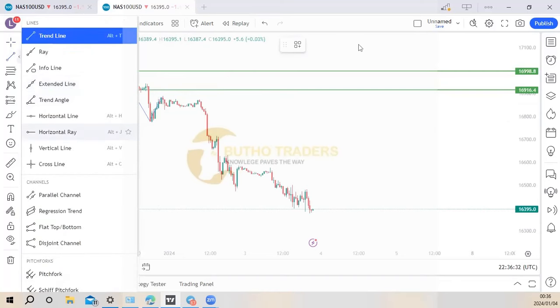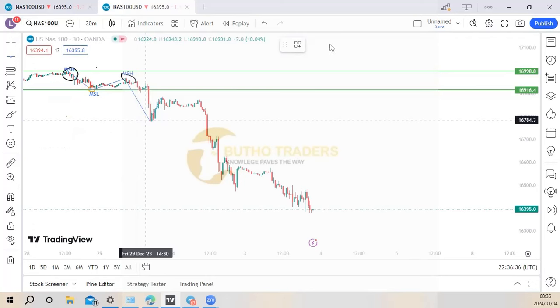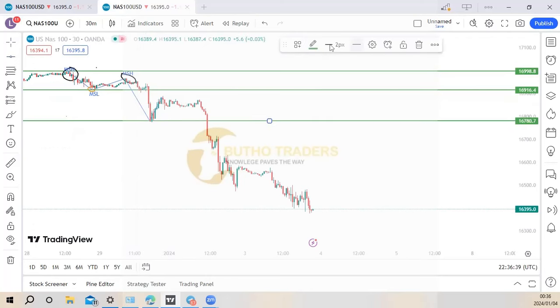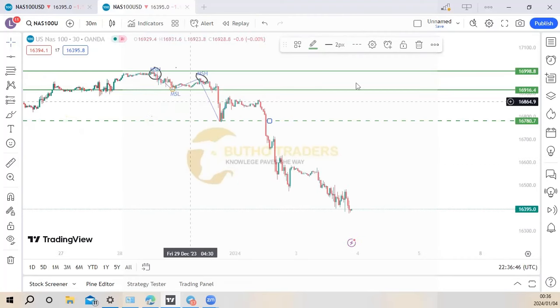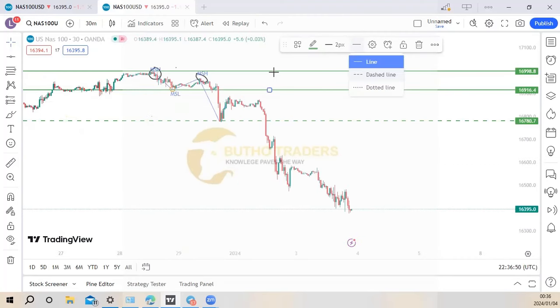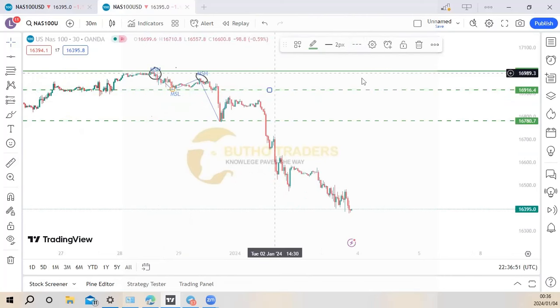Now the horizontal line, let me just make this horizontal line dotted. These major swings, I just dot them so that it becomes nicer and easier to see.